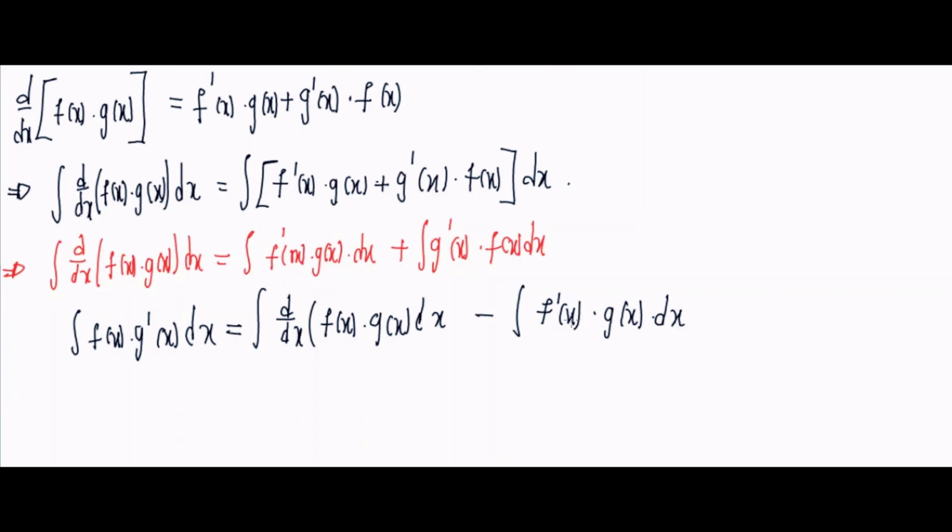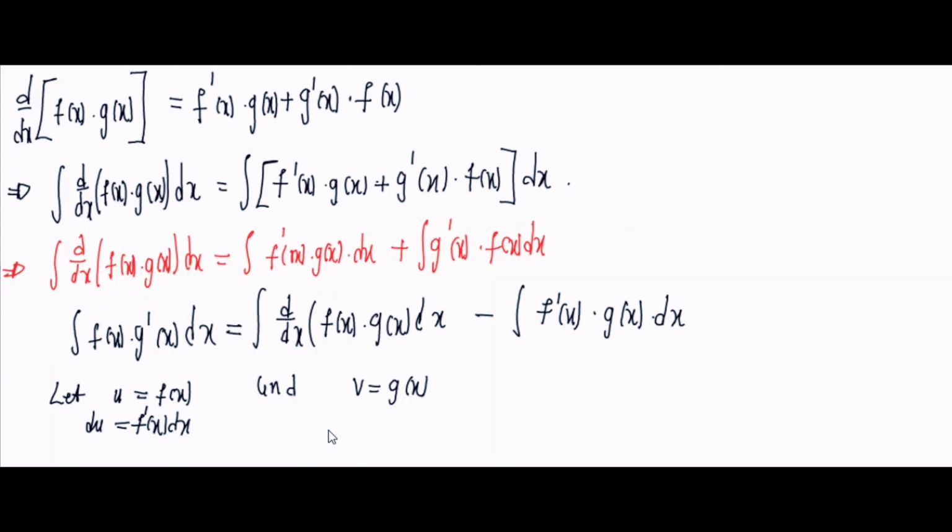So how about now we say that let u be equal to f of x and v be equal to g of x. How about now we have du/dx is equal to f prime of x, so du is f prime of x dx.